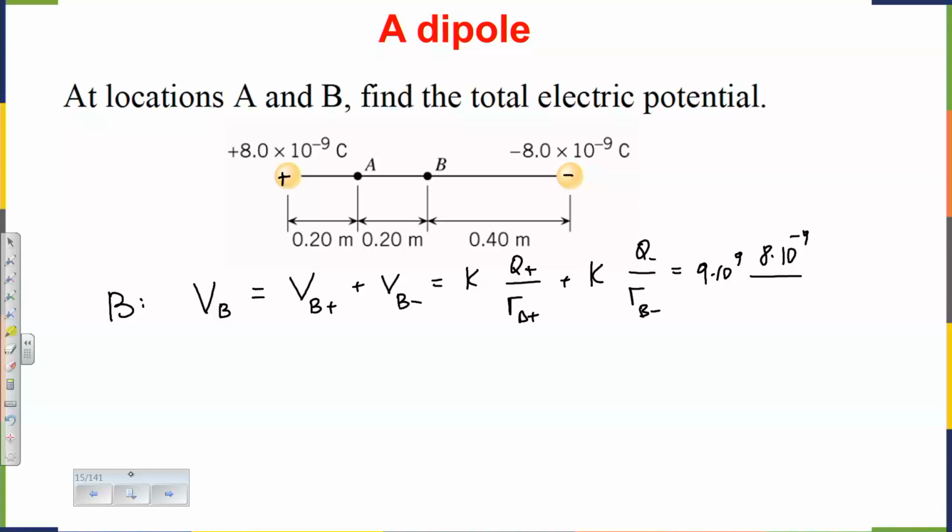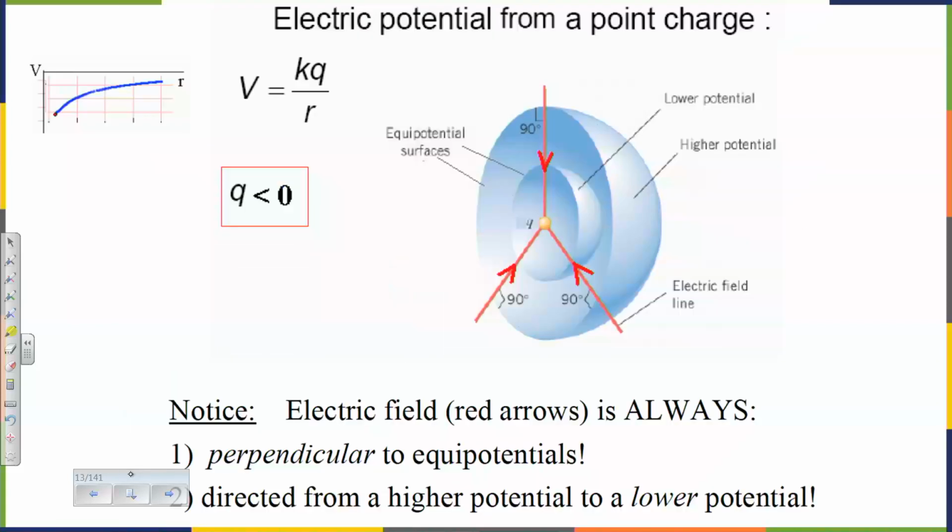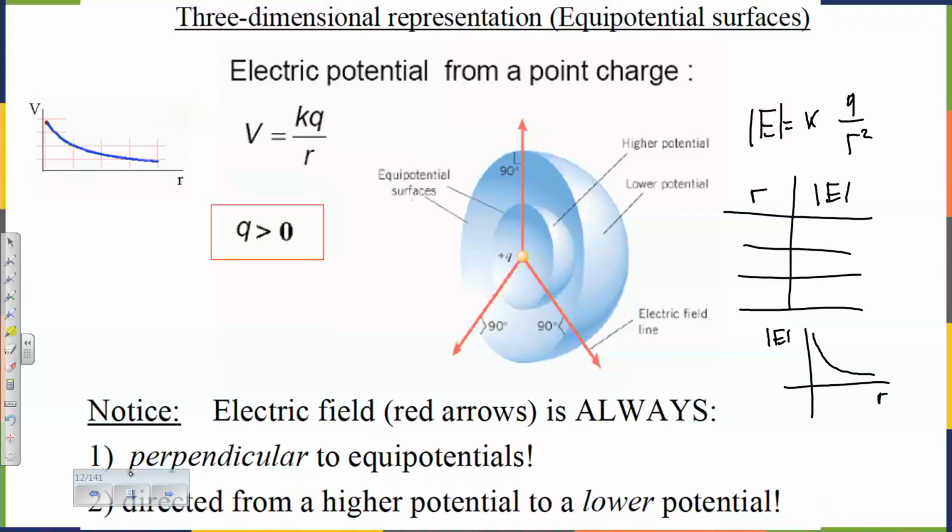And from plus to B, it's 0.4. 0.4 period, not squared. See, the equations for electric potential and electric field strength are very similar, but not exactly the same.